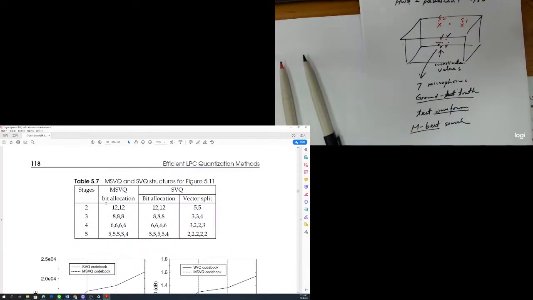For multiple stage, we are talking about 24 bits here, so it's 12 by 12.